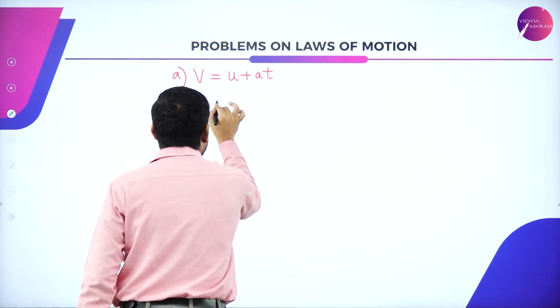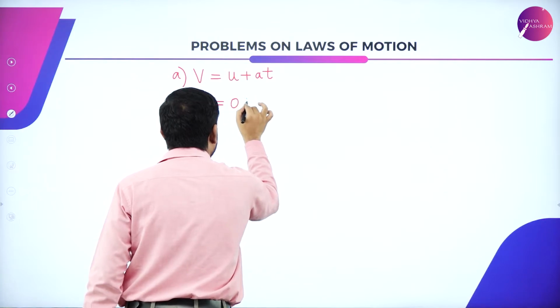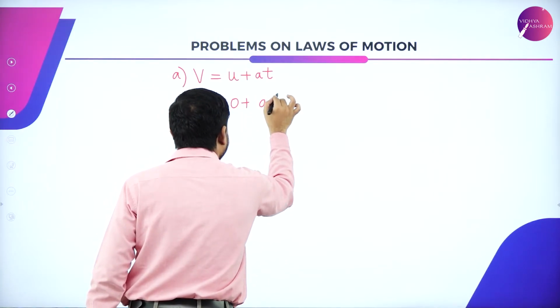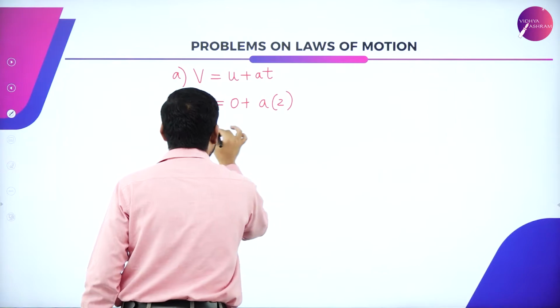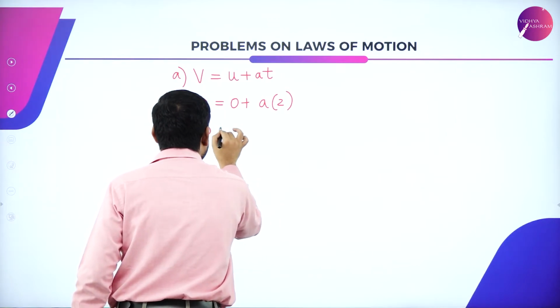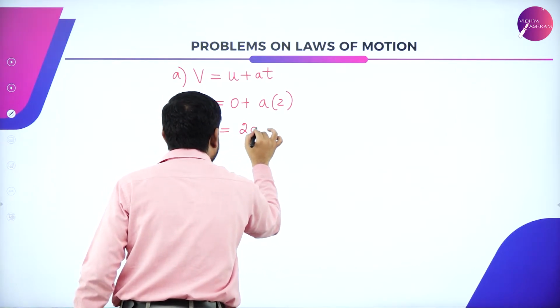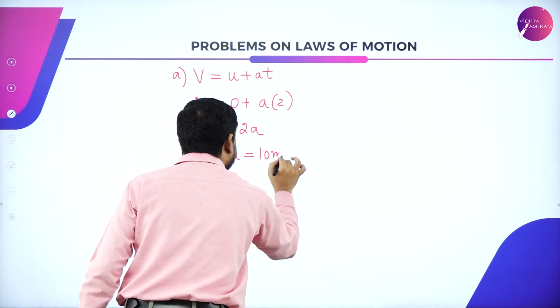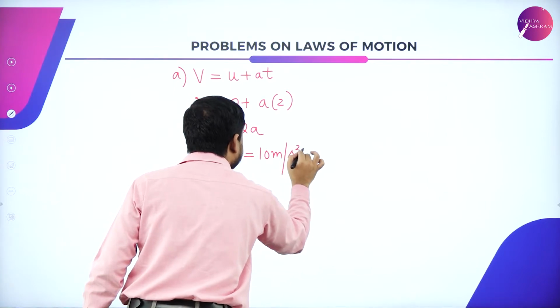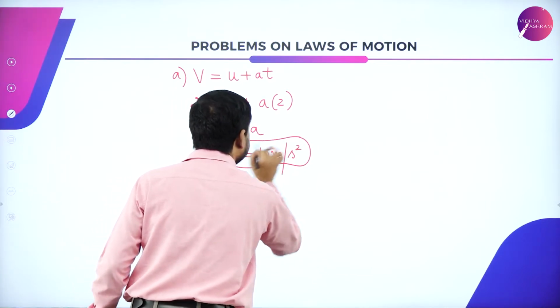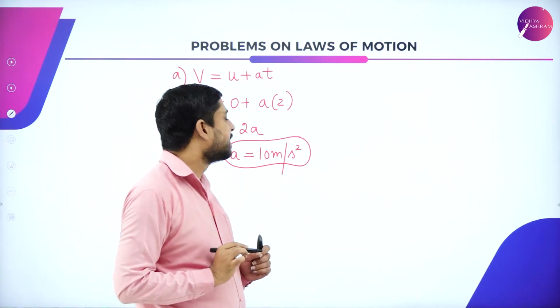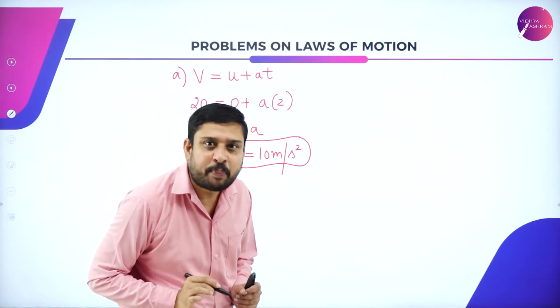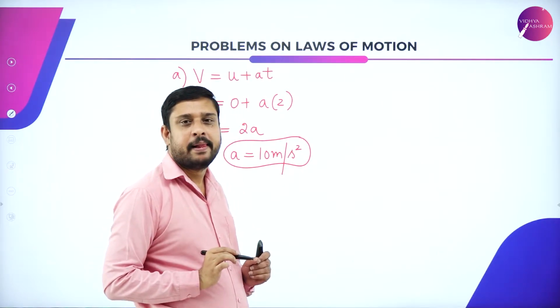Velocity is 20, time interval is 2. 20 is 2 times A, or A is 10 meters per second square. Very simple.